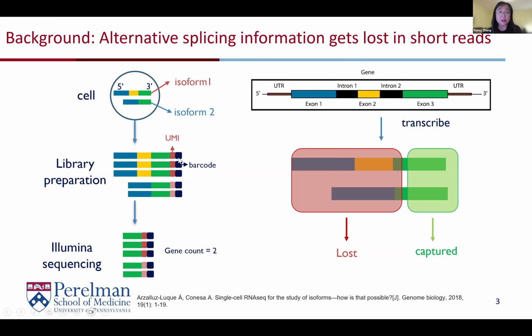The UMI and the single cell or spatial barcode, that's the library preparation step. Then standard short read sequencing would just give that to the Illumina sequencer, and you will get the tag counts. And that loses, of course, the isoform information, right? So the standard short read pipelines only give you the ends, and then you want to know what isoform of the gene is being expressed.